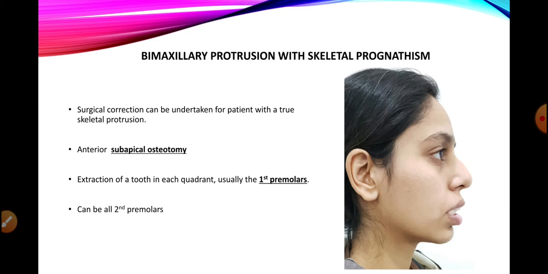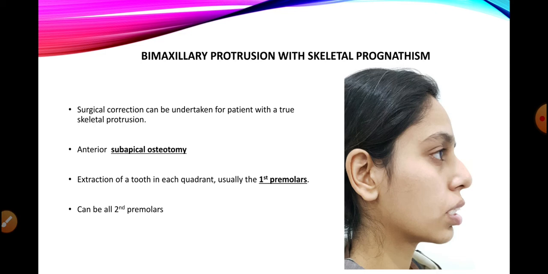That is, a premolar along with a segment of bone is removed, and the anterior maxilla and the anterior mandible will be set back in order to enhance both the facial aesthetics and the dental aesthetics, and that will result in a more harmonious and balanced facial profile.